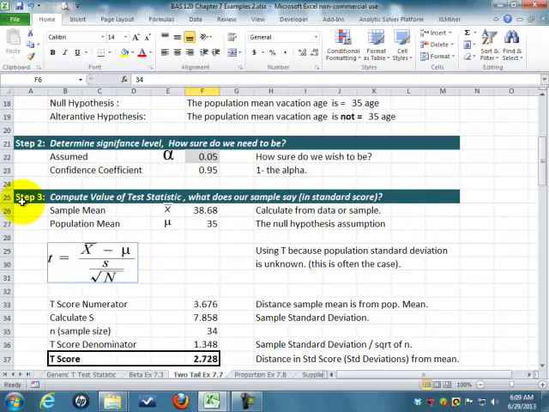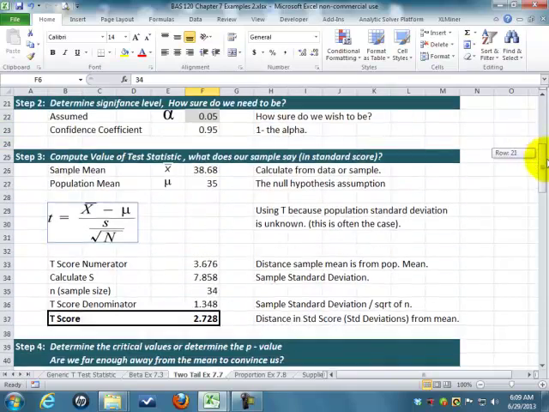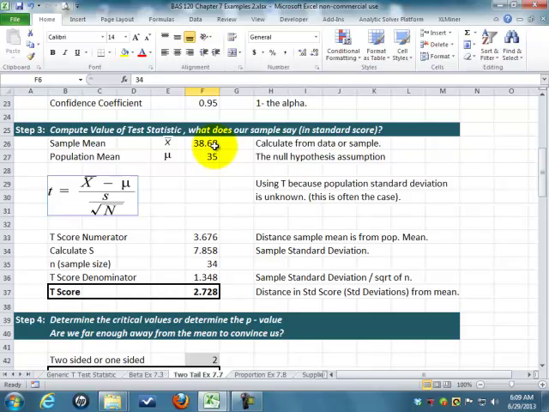Step 3 is to compute our test statistics. So we have our sample mean. We took a sample of 34 people, and we got an average age of 38.6. Population mean, or hypothesized mean for the null hypothesis, was 35. There's our equation again for our test statistic.